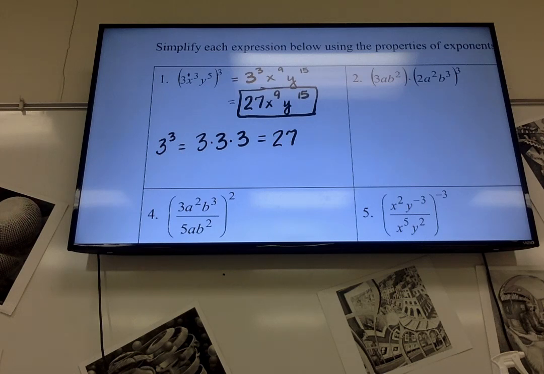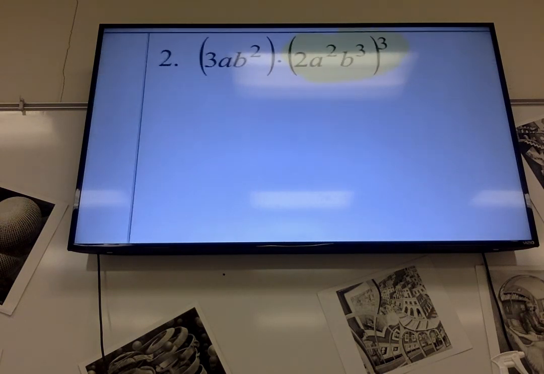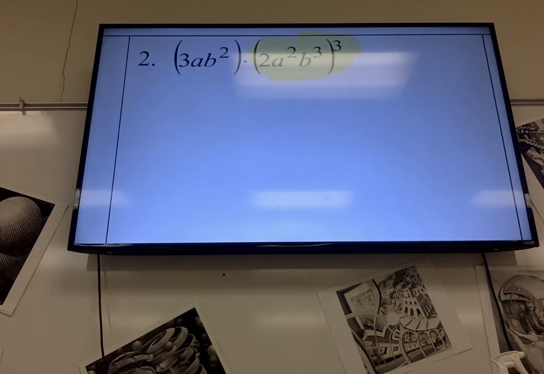Exponents go before multiplication. So what I want you to do is do just like we did on number 1 to this. Then see if you can multiply it by 3ab squared. But at least do the highlighted yellow part. And I'm right here. If you're stuck, I can come help you.